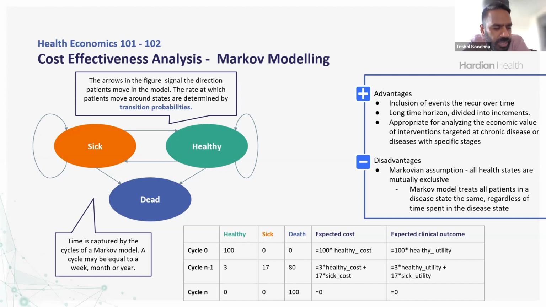If patient history and the experience of the patient previous to the cycle they're in is important, we'd have to go with a really complex model called a patient level simulation, where we start modeling individual patients and how they run through systems. Those event simulations are incredibly data heavy. As you can imagine, we need a lot of data to inform the distributions around the patient parameters. So that's a level of detail we perhaps won't get into in this session.